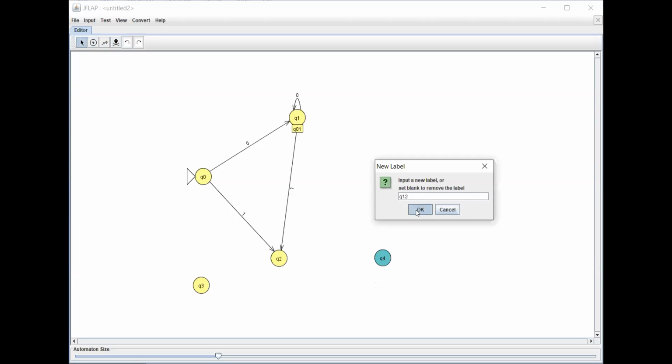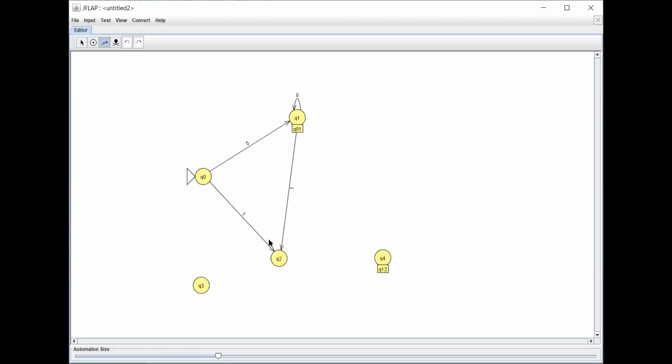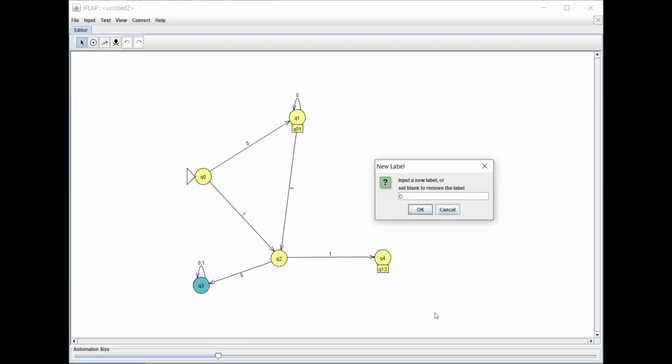So Q2 on 0 will be Q3, and Q2 on 1 will be Q12. Once you are on the dead state, whether you read 0 or 1, you will be on the same state. Now we have defined transitions for Q0, Q01, Q2 and Q3, which is a dead state. I can call it D also. Let me change the label, D state, dead state.